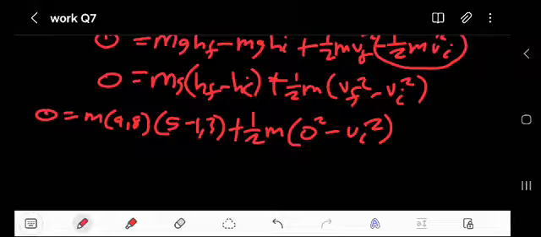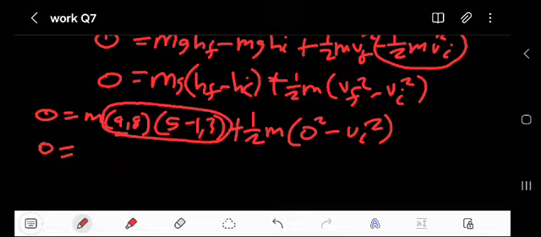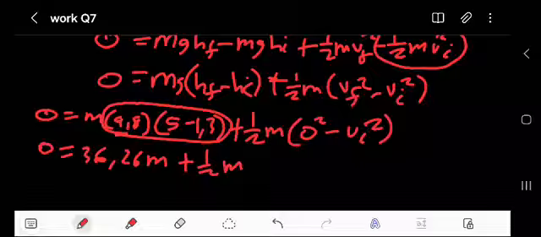So then we have here 0, then you multiply 9.8 by this. If I multiply this, I will have 36.26 m, then plus 1 over 2 m, this is 0, right?